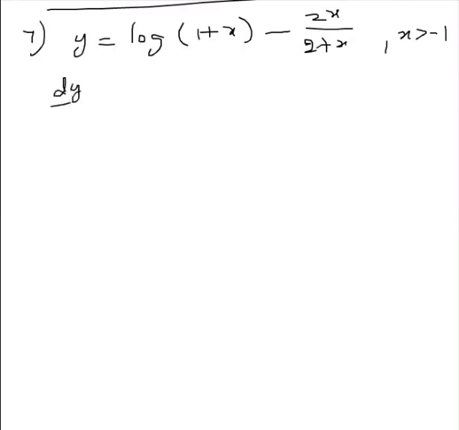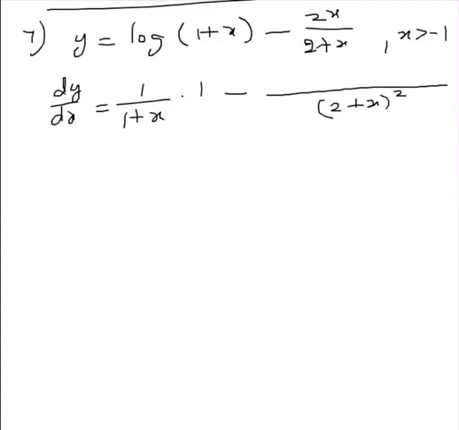Now let us differentiate. Differential of log is 1 by 1 plus x into differential of 1 plus x, which is 1. Here we have to use the quotient rule: u dash v minus u v dash, which is 2 into v minus u v dash. So 1 by 1 plus x.